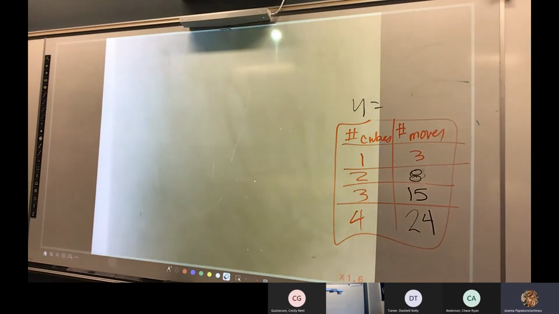Okay, so from this table of values, I want you to spend another couple of minutes and try to come up with the rule. Once you finish with the cubes, though, please sanitize, put it back in the cup, put the cup back on the table.